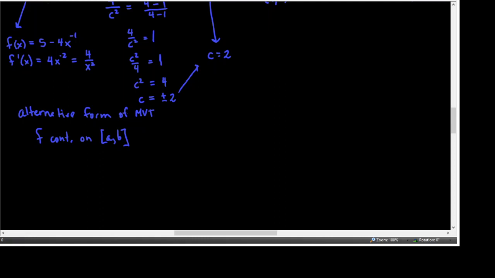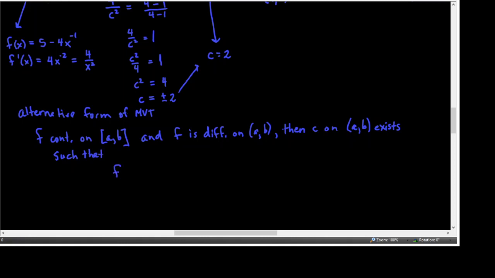It's going to have the same hypotheses that f is continuous on a, b and differentiable on open interval a to b. Then c on the interval from a to b exists such that, here's the new conclusion. It's the same conclusion, just in a different form.